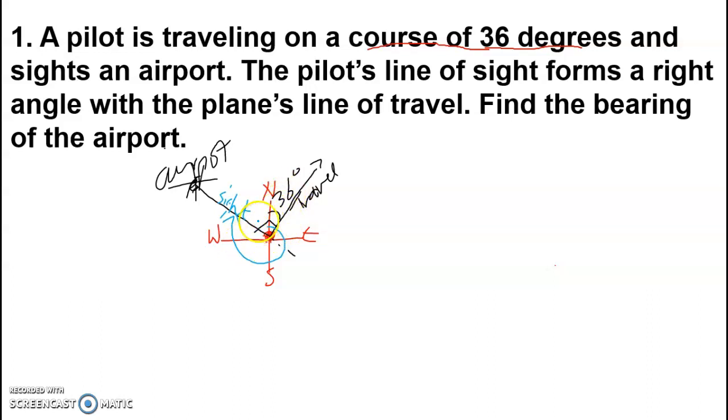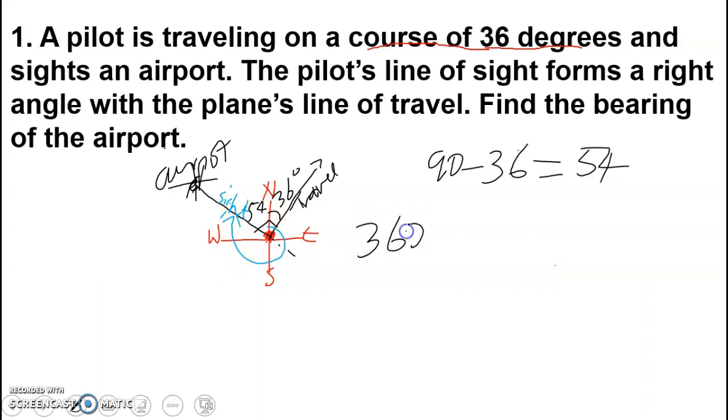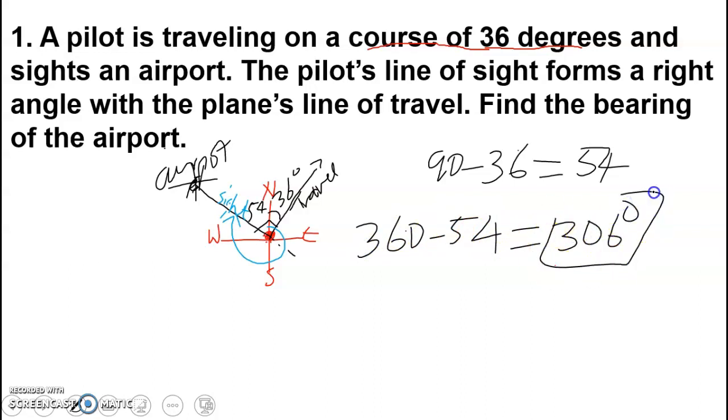So let's find this remaining part here. 90 minus 36, which is 54. So this angle here is 54. Now to find the bearing, the blue one, it's going to be 360 minus 54, which is 306. And that's it.